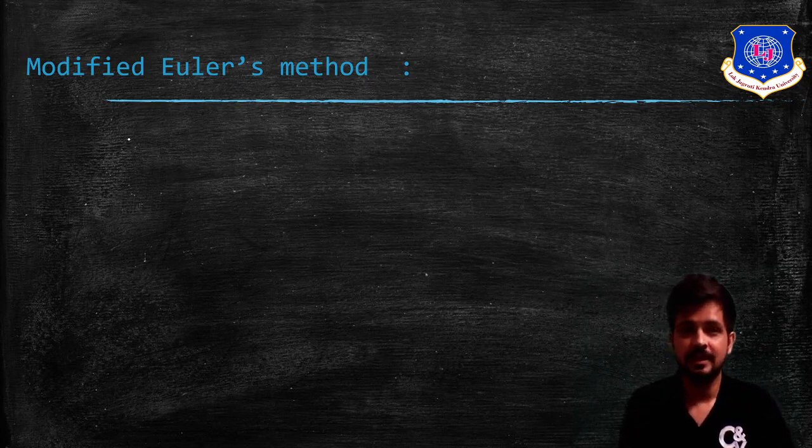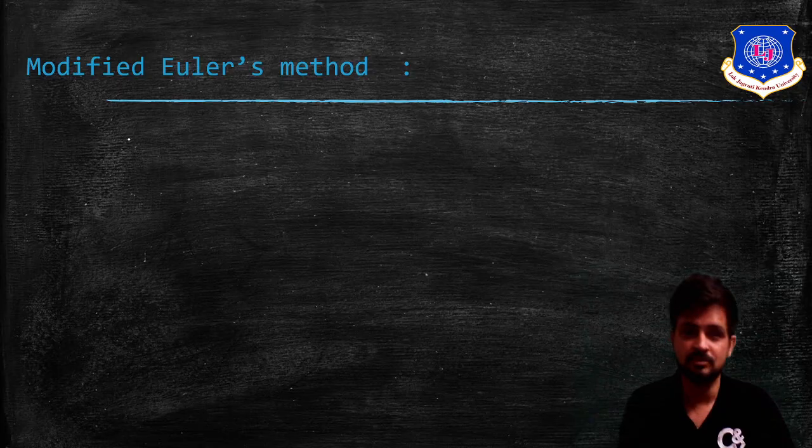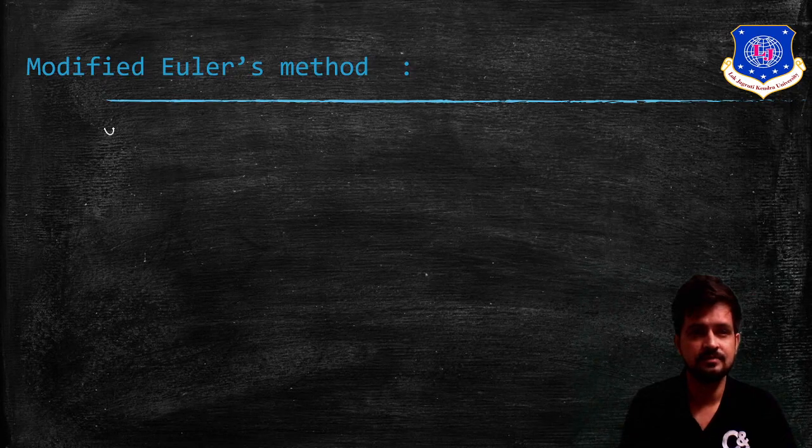But here in the modified Euler's method we have to continuously find the approximations, and continue until we get the exact value of the first approximation. After getting it, we will find the second approximation. Let me write the formulas for that.